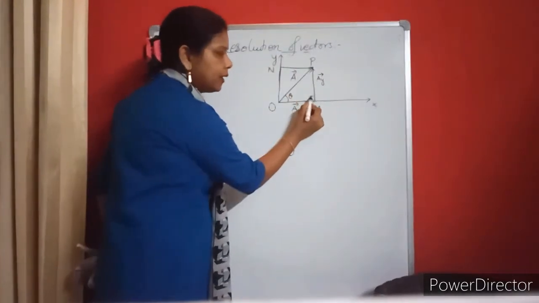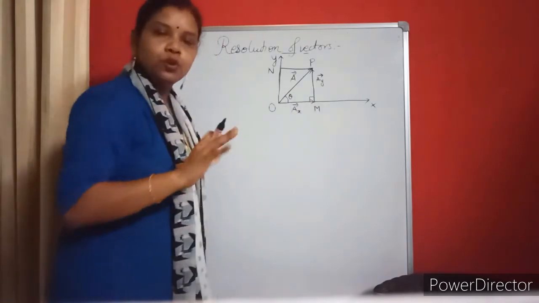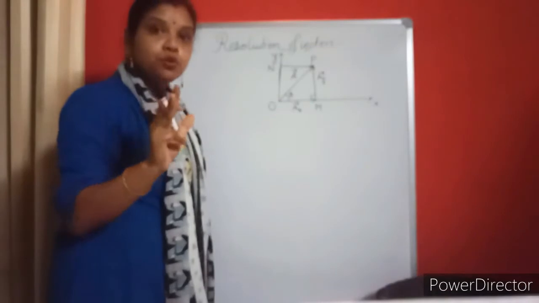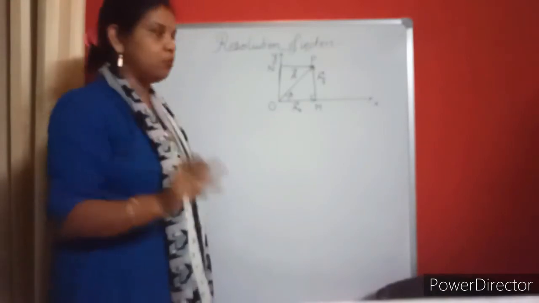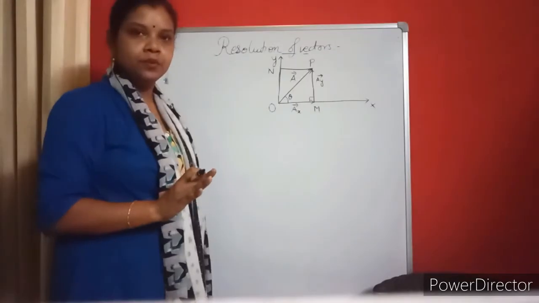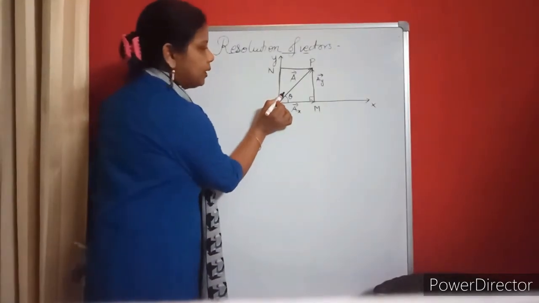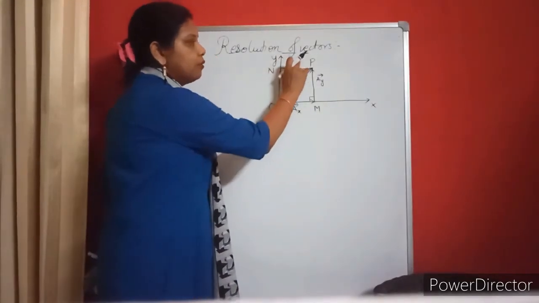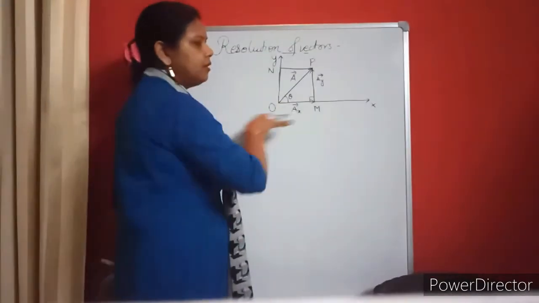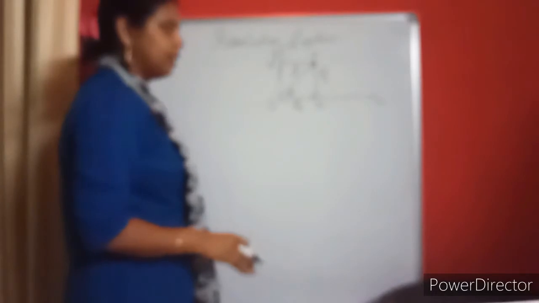Yes, because this is 90 degrees. I will resolve the vector A into two mutually perpendicular directions, so AX and AY are perpendicular to each other. If you consider this to be theta, then this one will be AY, this one will be AX. But it is easy if I consider this direction, so I have considered it that way.